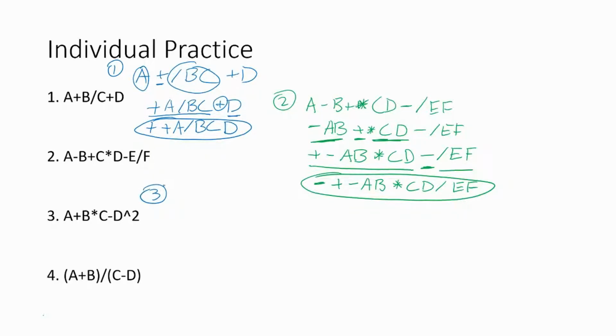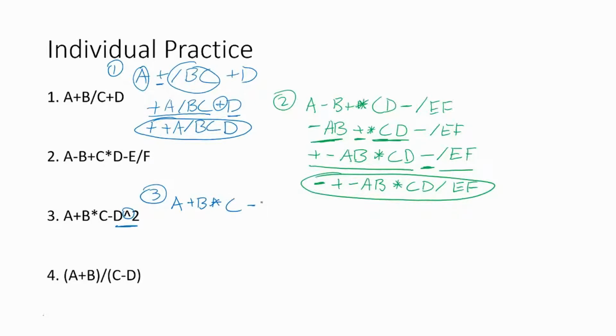Alright, now, what do we do first in this problem? Well, if we remember PEMDAS, parentheses, then exponents. So right here, I have an exponent, alright? And this right here is my operator. So let's go ahead and convert that first. So I'm going to rewrite everything else. And I'm just doing this to show all the steps.